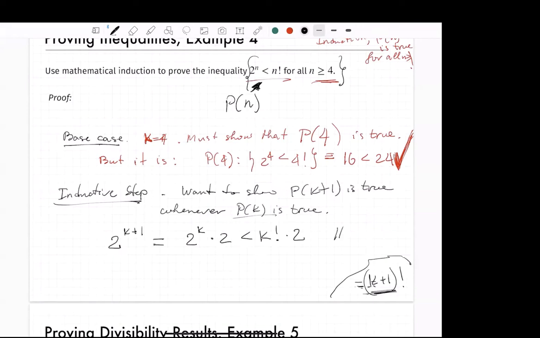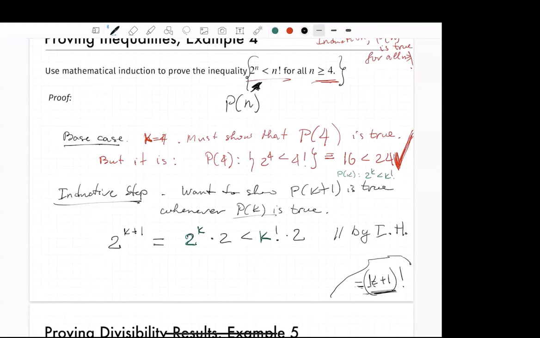By inductive hypothesis. And here, yes. Okay, because this is my 2 to the k, and this is my k factorial. That's my inductive hypothesis, P of k, in green. P of k is 2 to the k is less than k factorial. So that's true. People agree.